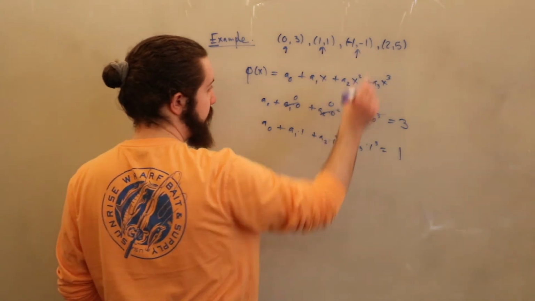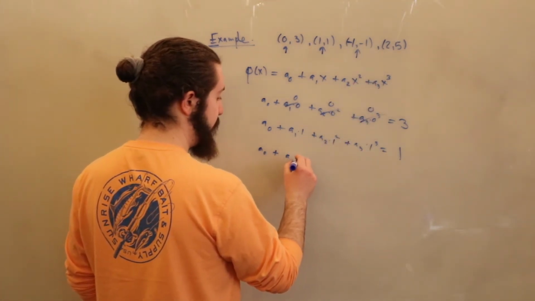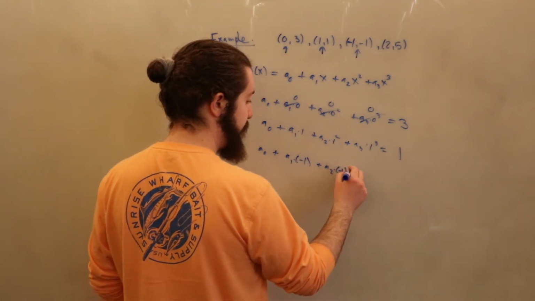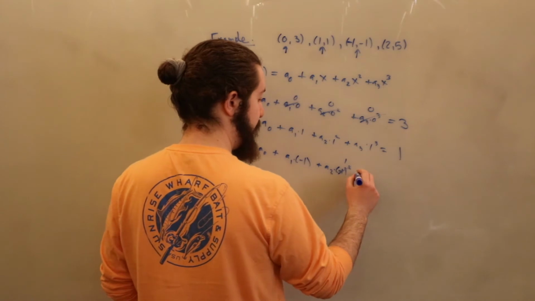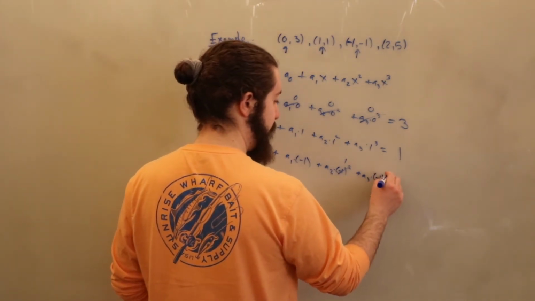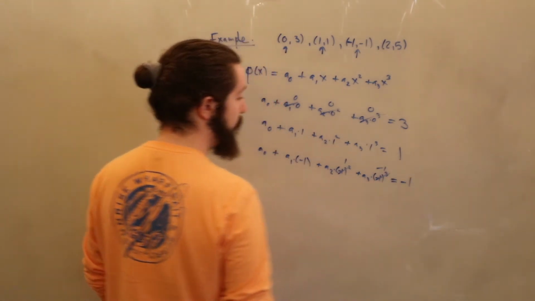Third equation, we're going to have a0 plus a1 times negative 1 plus a2 times negative 1 squared, which is just 1, plus a3 times negative 1 cubed, which is negative 1, is equal to negative 1.